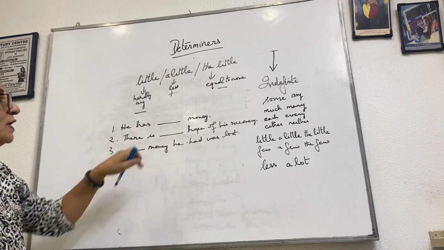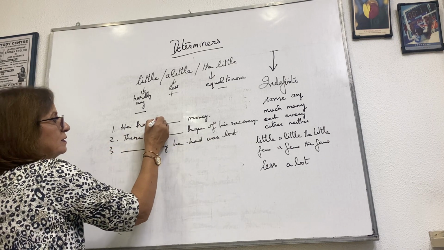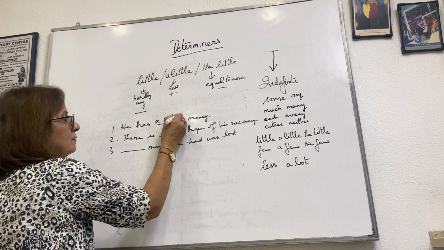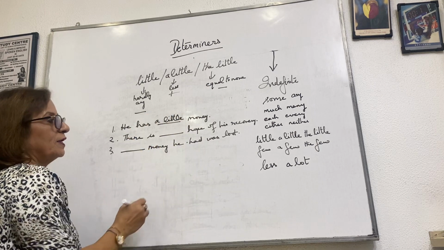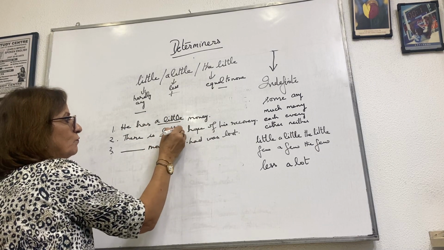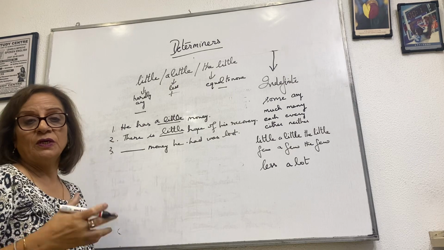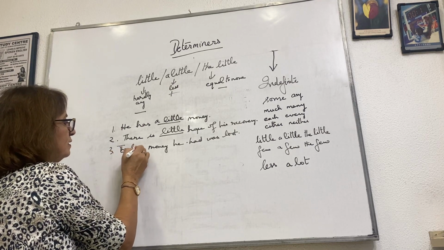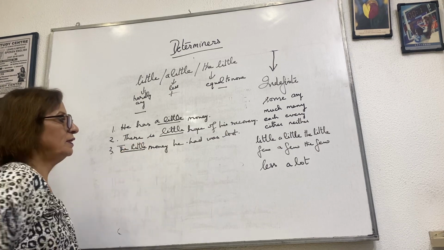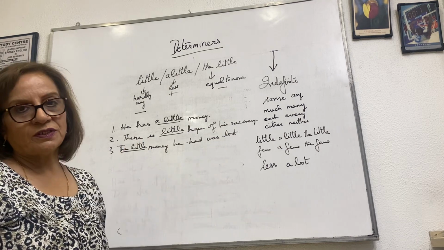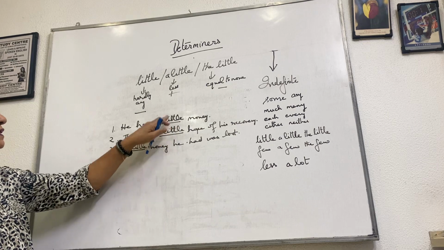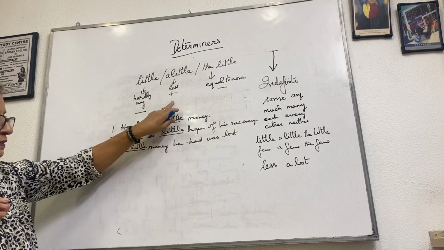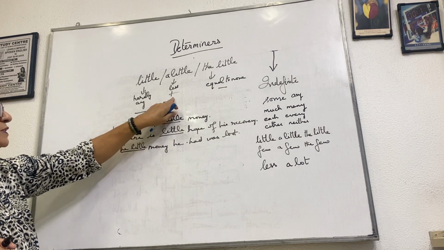So he has a little money. There is little hope of his recovery, equal to hardly any. And the little money he had was lost, equal to none. So we are using a little for less, but there is some, positive.